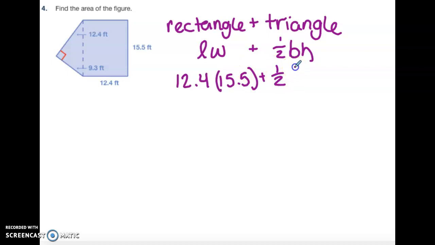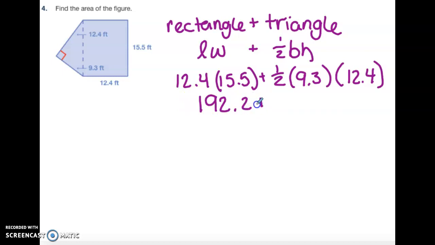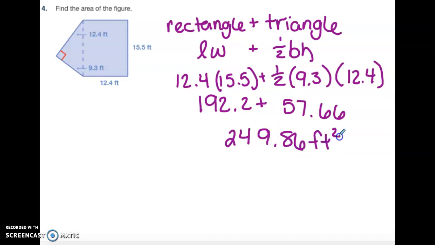The base of the triangle is 9.3 and the height of the triangle is 12.4. Okay, so the rectangle is 192.2. The triangle is 57.66. Add them together, we get 249.86 feet squared.